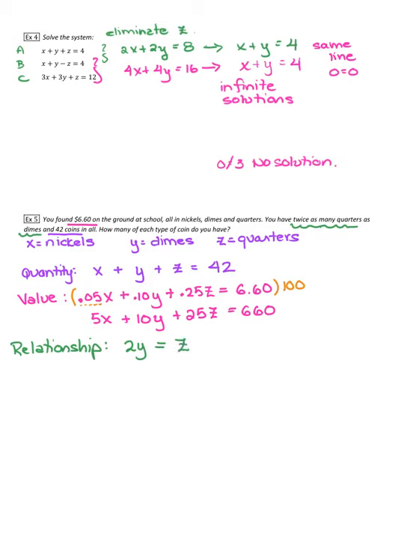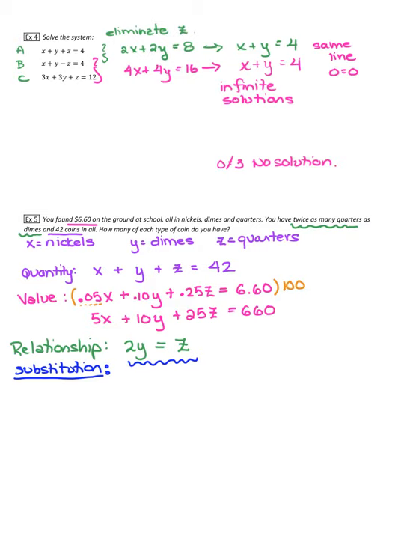All right, so if you're not sure, plug in a number. If I have 10 dimes, I'm going to have 20 quarters. That's a twice as many quarters relationship. With these ones, I recommend doing substitution. And what I'm going to do is into the quantity and the value equation, I'm going to substitute this relationship and rewrite my equations.